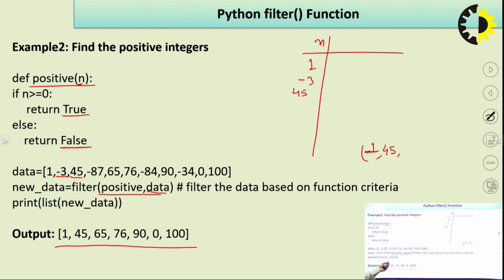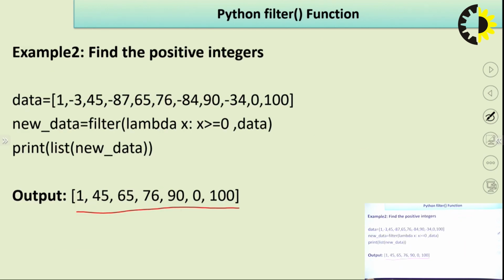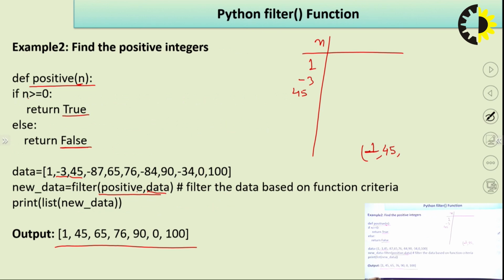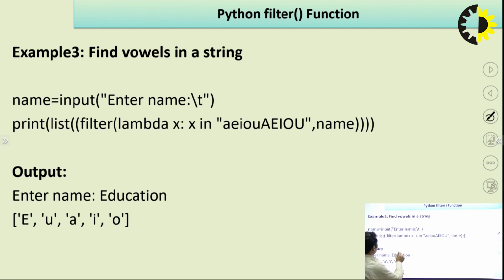So the only difference is, in the previous slide we used the lambda function and here we use a separate function. Okay. So actually the code is very small, so we will use the lambda function many times.